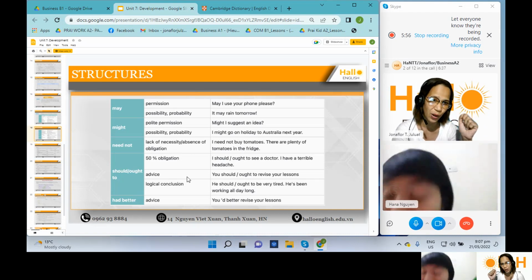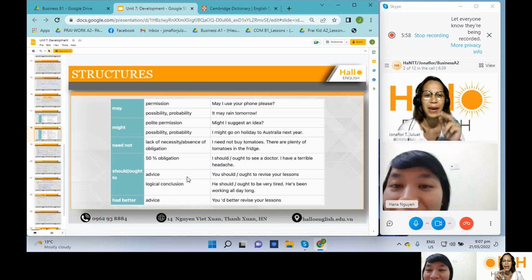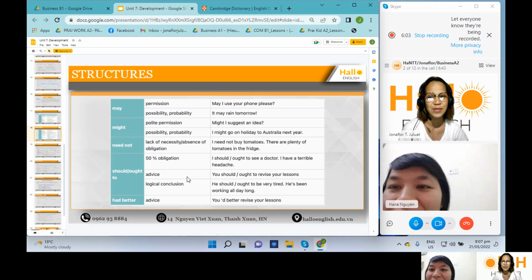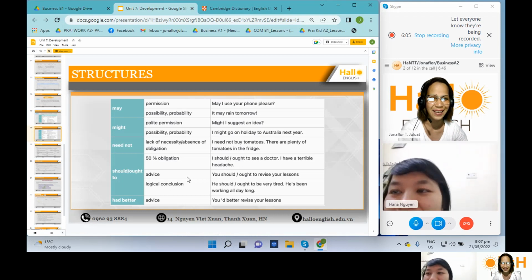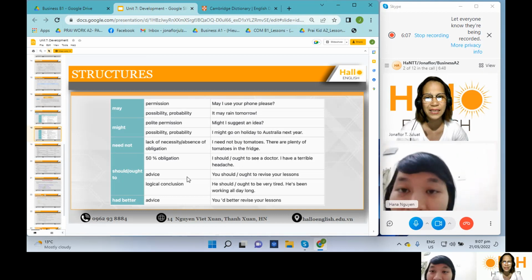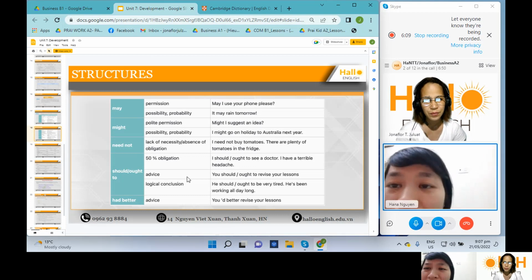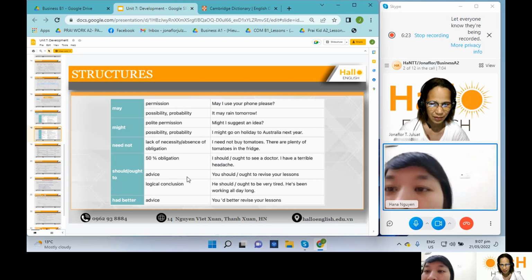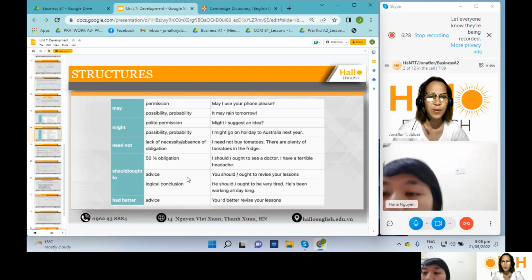Could is more polite than can, and might is more polite than may. Can you read the example, please? Might I suggest an idea? I might go on holiday to Australia next year. Yes, that's probability, right?